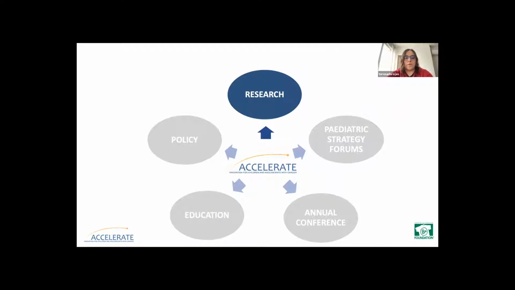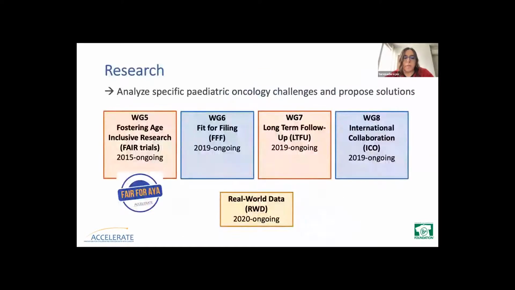Okay, so let's start our 360-degree journey through Accelerate activities. And let's begin with the research activities that we do. What we do in research is to analyze specific pediatric oncology challenges and to propose solutions.